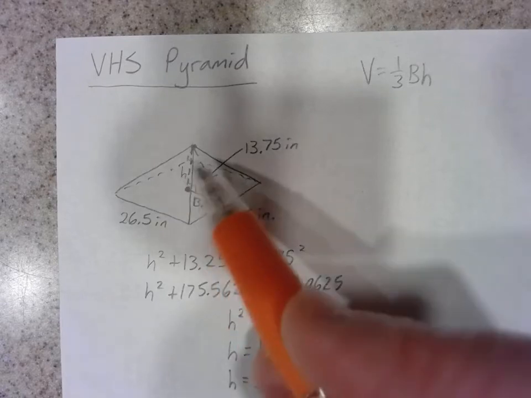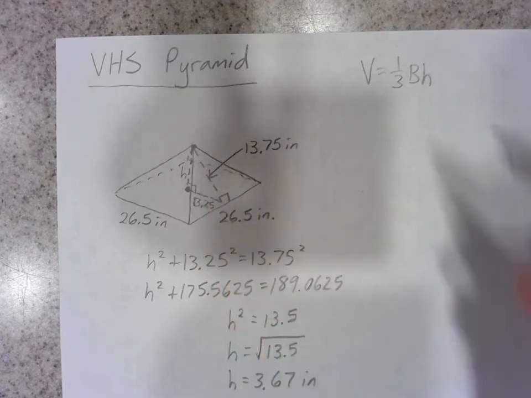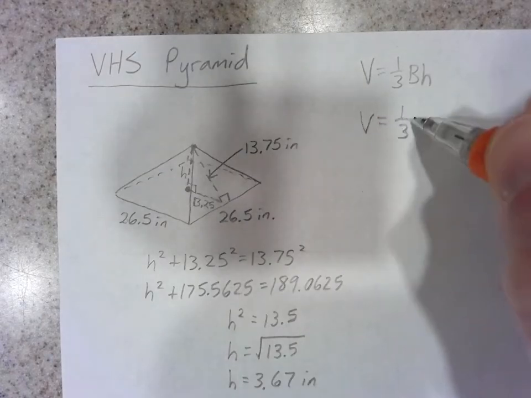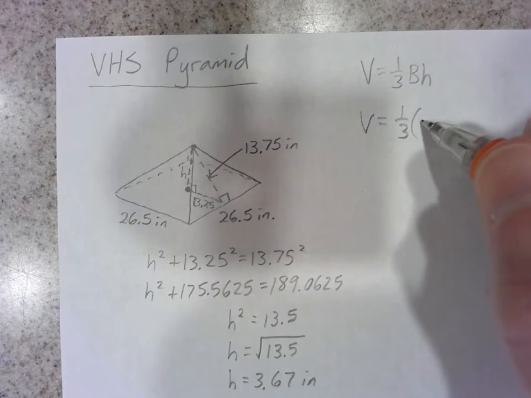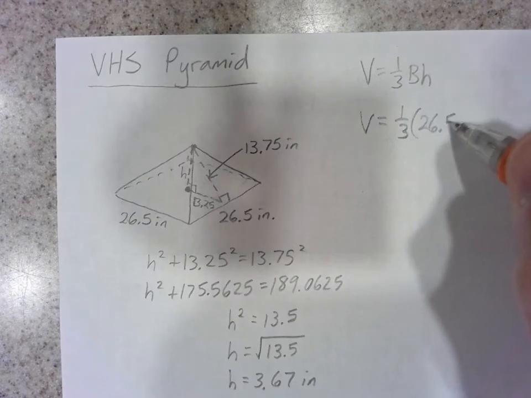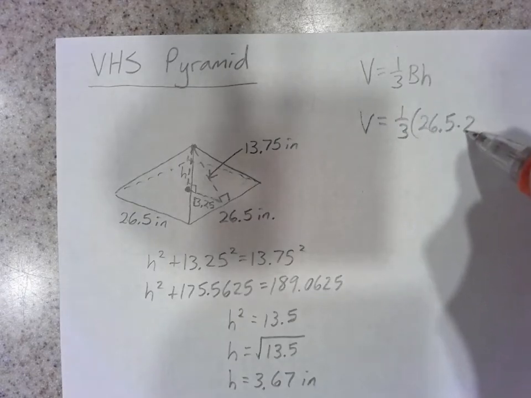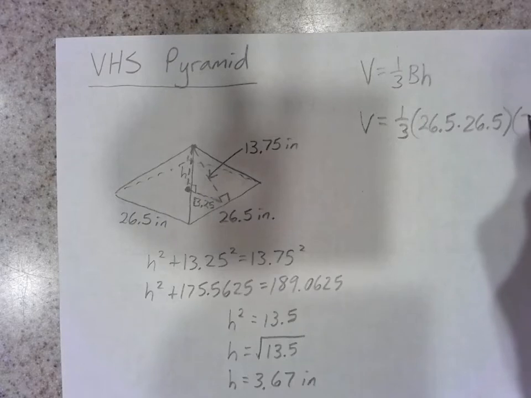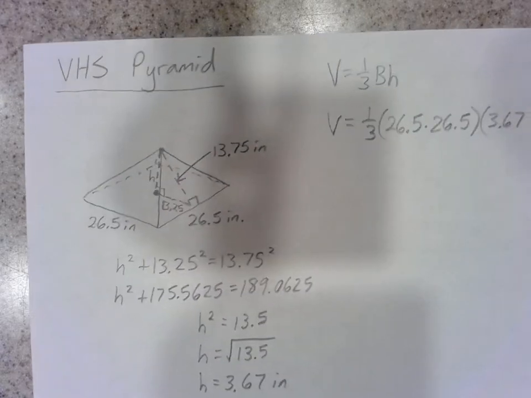So 3.67 is the height. So the volume of the pyramid is 1/3, and then the area of the base. So I'm taking 26.5 times 26.5, length times width, and then multiplying that by the height, which I got is 3.67.